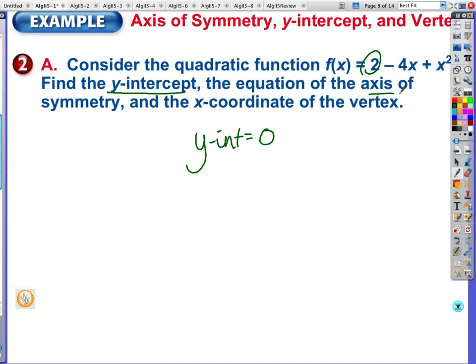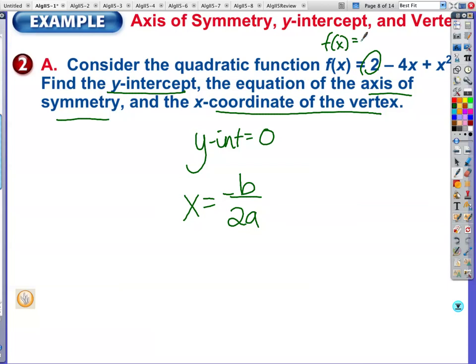Okay, equation of the axis of symmetry and the x-coordinate of the vertex. This is the same thing. They cannot be split up. You're going to use x equals -b over 2a. Okay, notice how this is written maybe not in descending order of exponents. We like to look at it like this. So let's go ahead and rewrite it. X squared, then we have 4x, but notice it's negative. And then I have a 2 at the end.